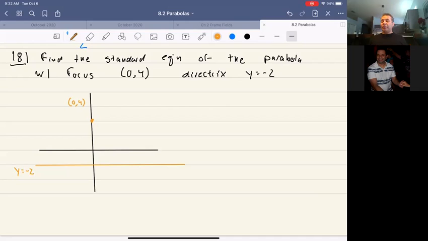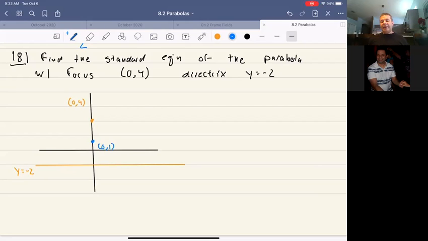Already we see something different from what we've been doing. The distance from here to here is 6, so our vertex should be halfway between them. That's not going to be at the origin. So we start here at this point, (0, 1).